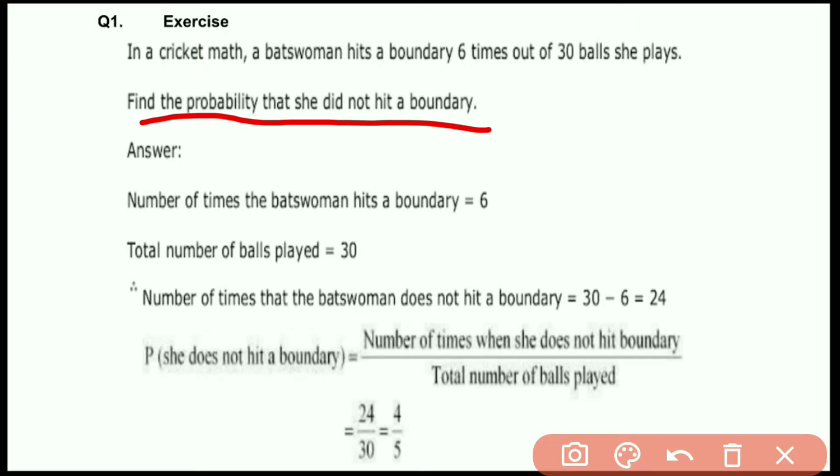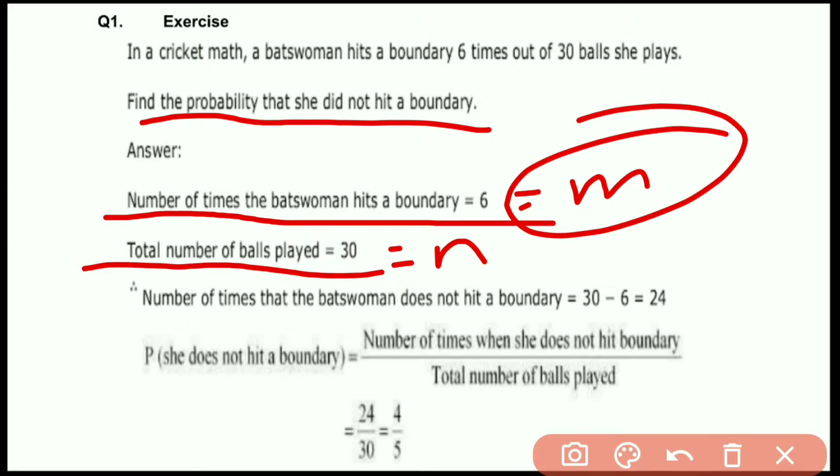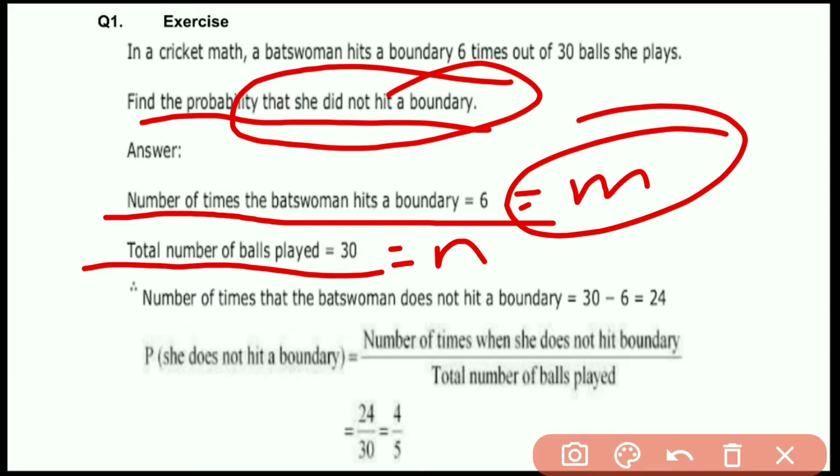If she hits the boundary, the number of times the boundary is hit is 6, and the total number of balls played is 30. So N is 30 and M is the number of times she hits 6. But here our required outcome is not 6. We want to find the probability of not hitting the boundary.